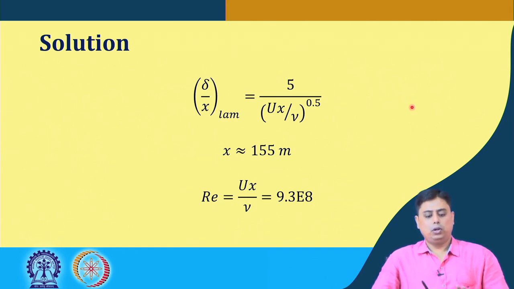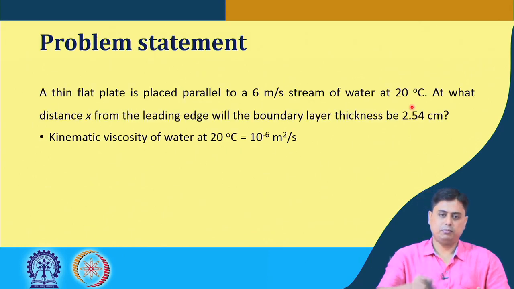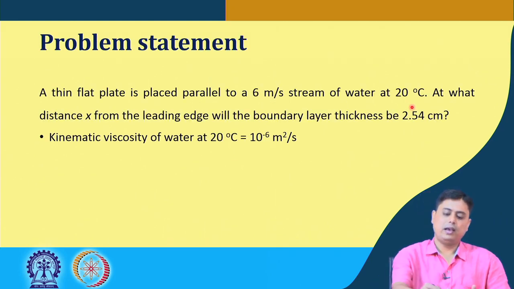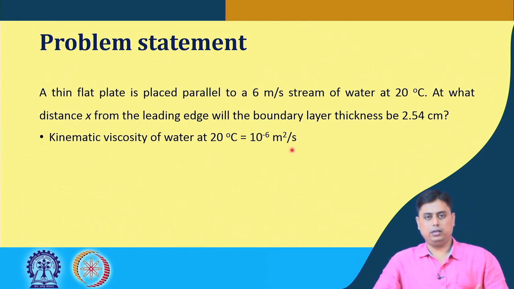If we put these values here, delta is 2.54 centimeter, which is 2.54 divided by 100 meter, x is unknown, u is given here as 6 meter per second, and nu, the kinematic viscosity, is straightforwardly given here.